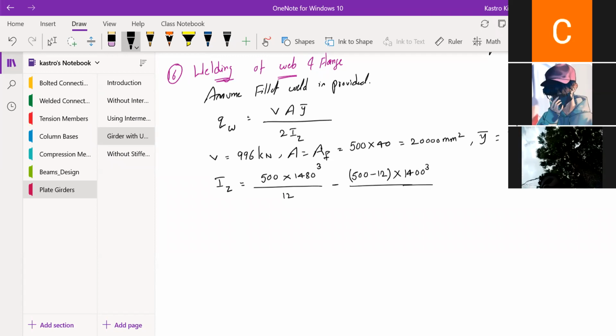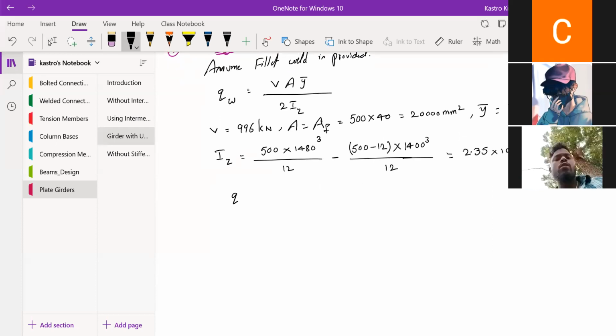Small d is the depth of the web, 1400, upon 12. This gives 2.35 into 10 power 4 mm power 4. Now you know all the values, so substitute them in the formula of QW. Once you substitute, you will obtain 0.305 kilonewton per mm.